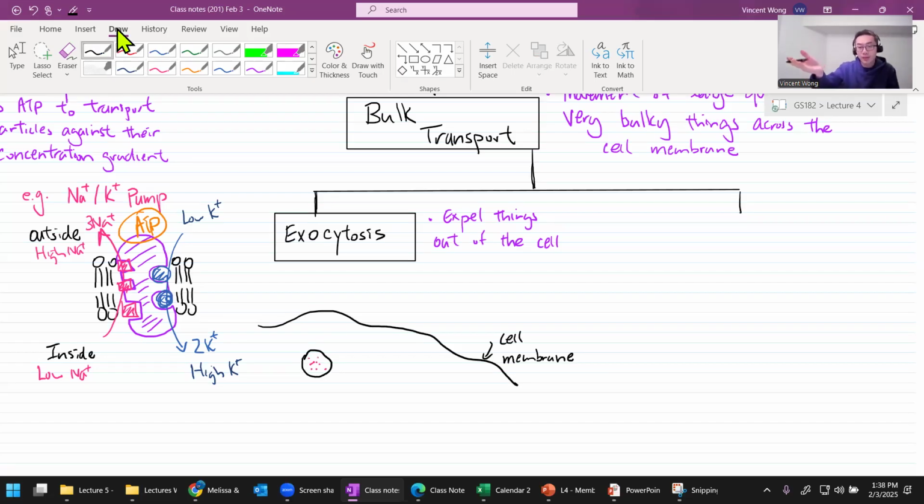That's one of the destinations. It can be sent out of the cell, could become part of the cell membrane, or it could stay in the cytoplasm. So this guy is going to move towards the cell membrane, and then it's going to basically touch the cell membrane. Then it is going to fuse with the cell membrane.